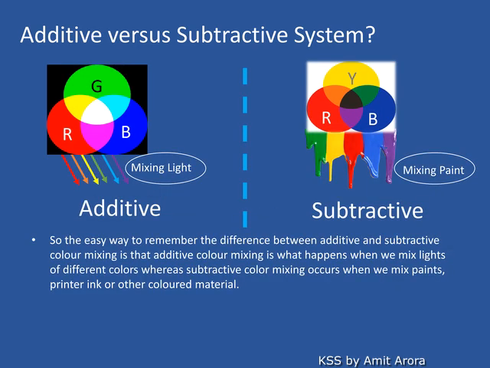If you are getting confused, the easy way to remember the difference is that additive color mixing is what happens when we mix lights of different colors, whereas subtractive color mixing occurs when we mix paints, printer ink, or other physical colored material.